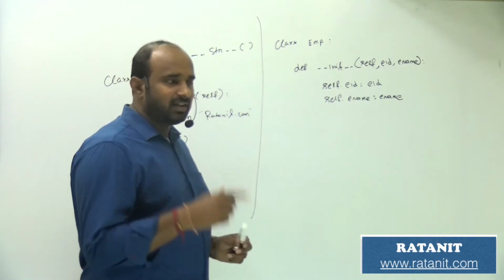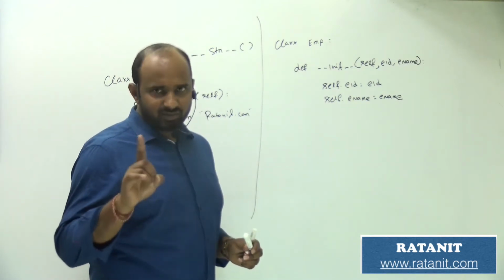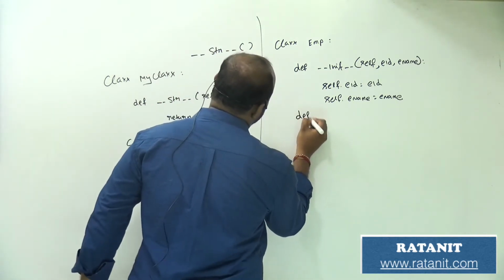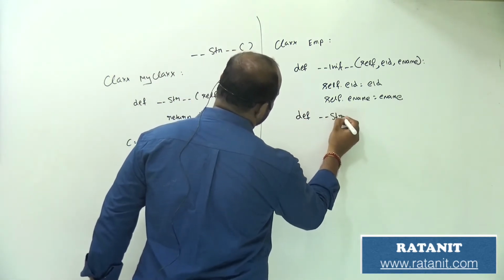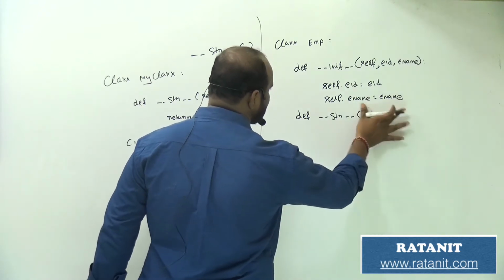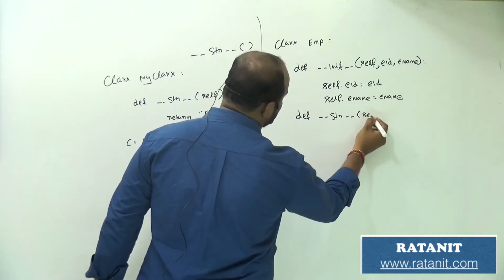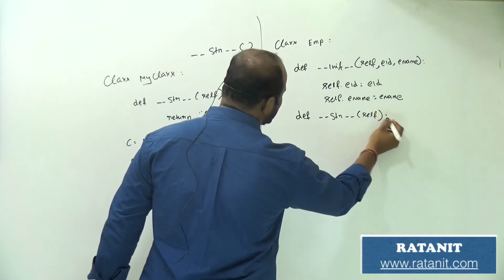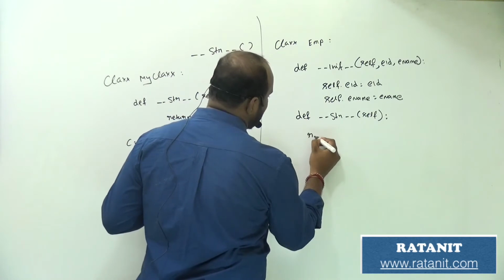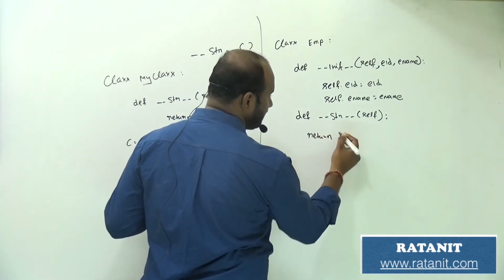Previously, to print the data we used disp. In this example, I am writing str. What is str here? def underscore str underscore. To represent that this str belongs to the class, we use the self keyword, colon. Here I want to return the value, so simply use the return statement.